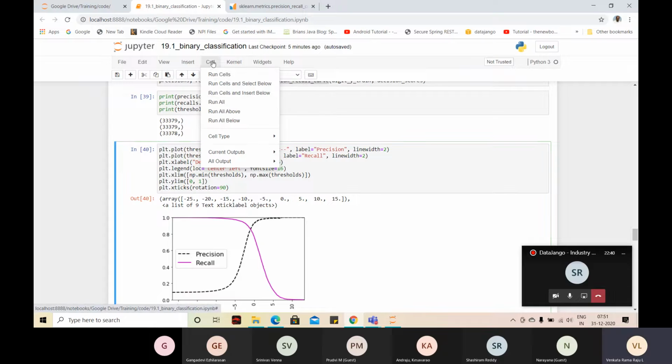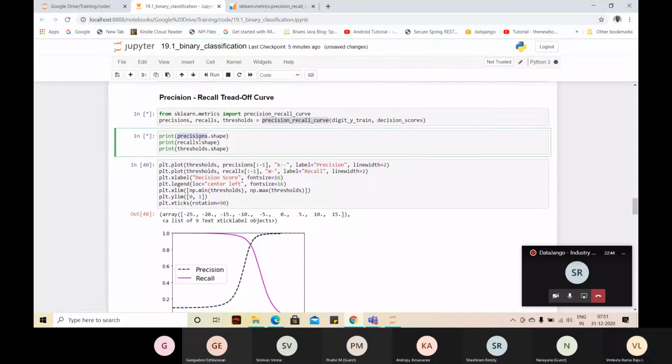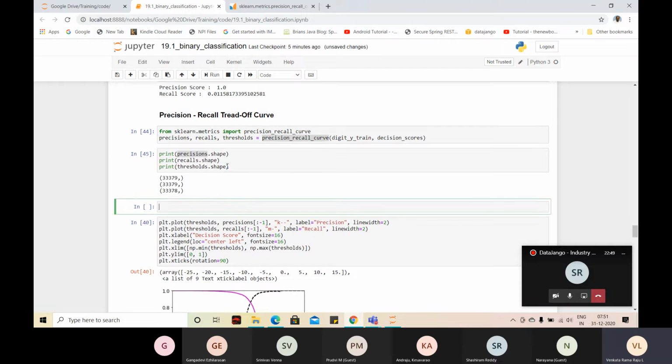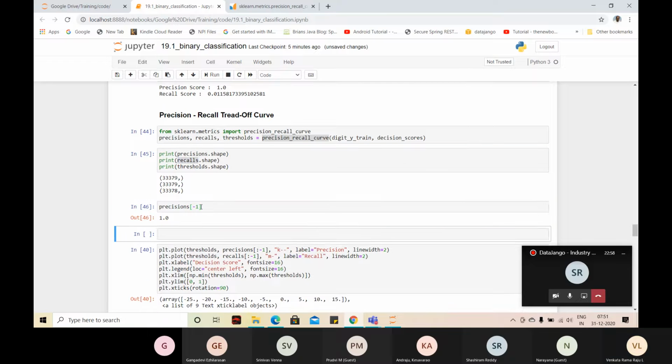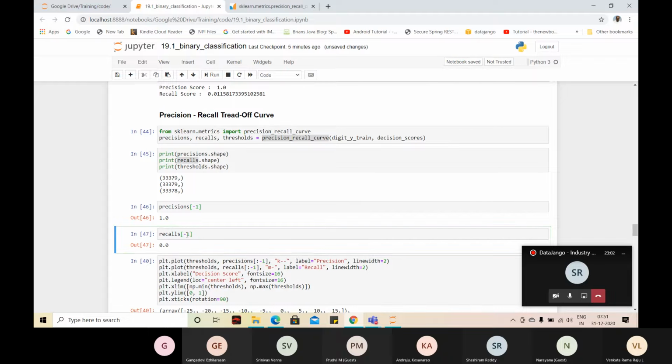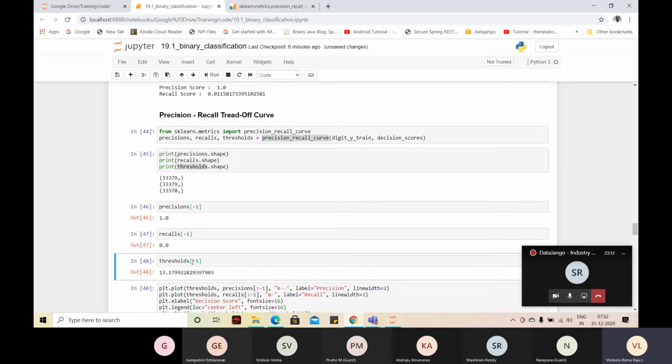Let me try to run this all above. Threshold minus 1 is not needed.